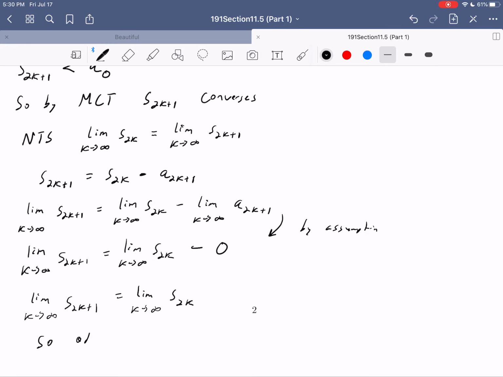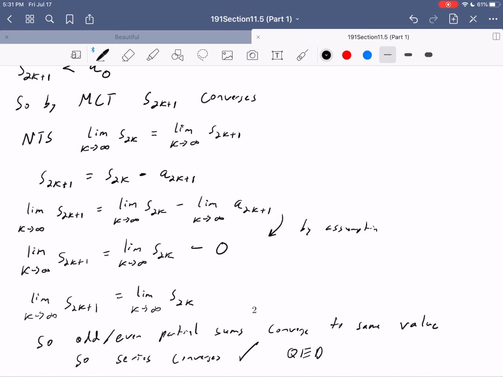So odd and even partial sums converge to the same value, so the series converges. Check. QED.